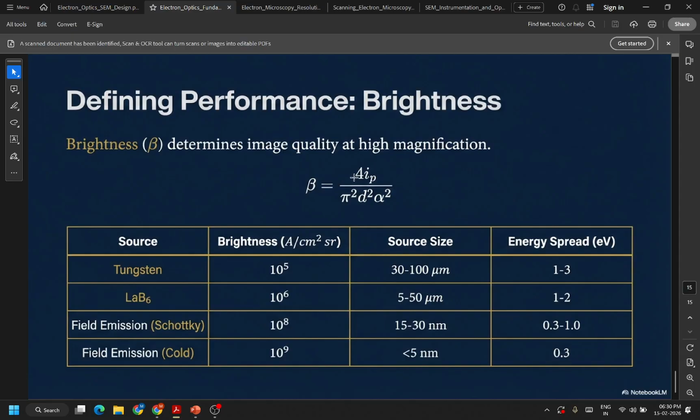So you have a parameter called brightness, which determines image quality at high magnification, which is your beta equals 4I by pi squared d squared alpha squared, where I is your current of the beam, alpha is your convergence angle, and d is your spot size.